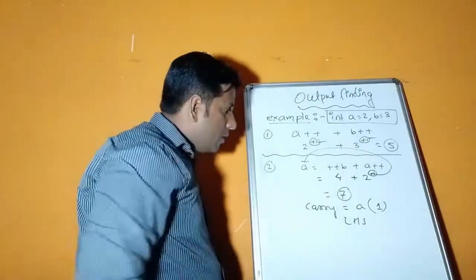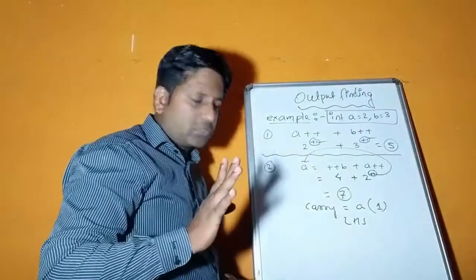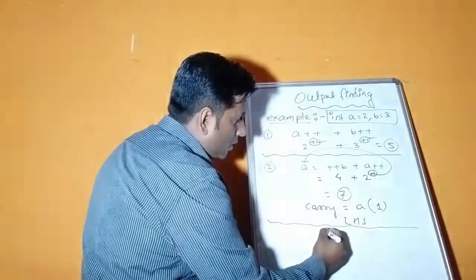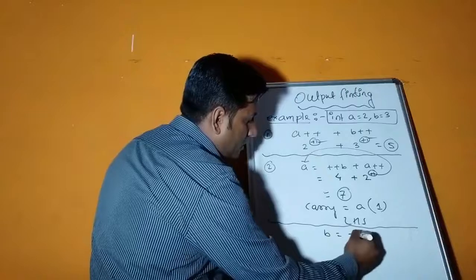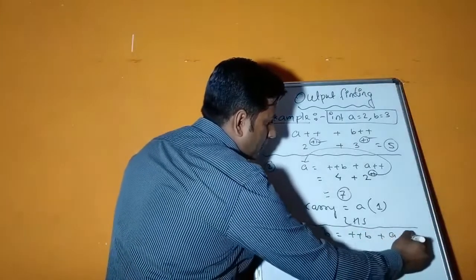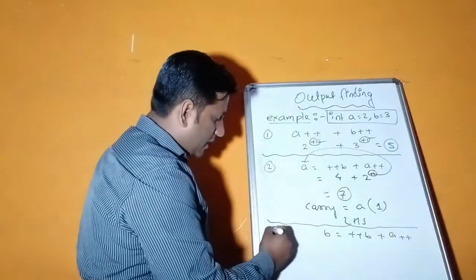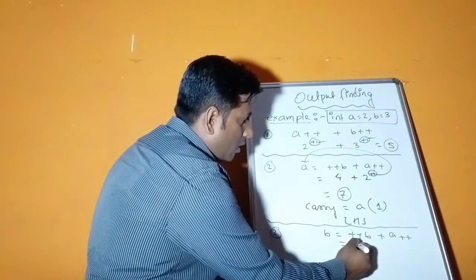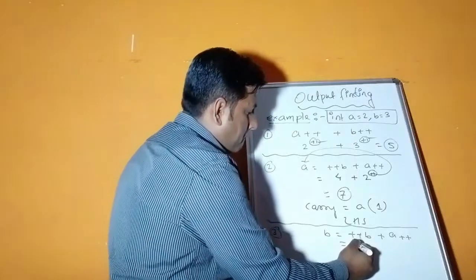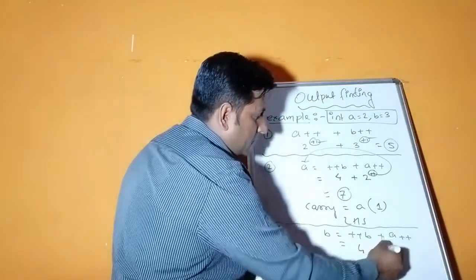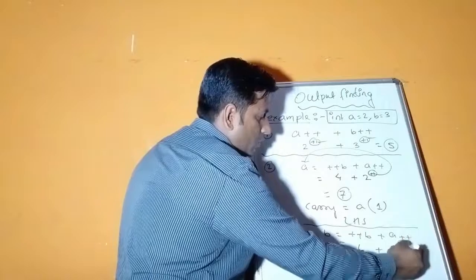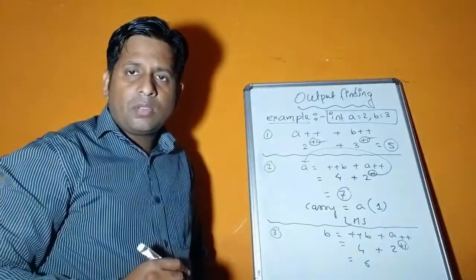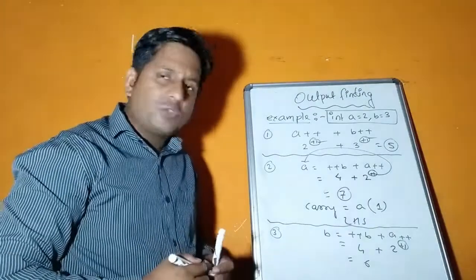Now suppose we have a question somewhat like this, say B is equal to plus plus B plus A plus plus. Let us take this as number 3. Now in this case, that is 4 plus 2 plus 1. Now answer is 6, but carry is there. Carry is for which variable?